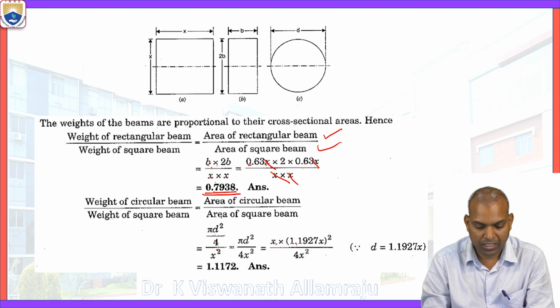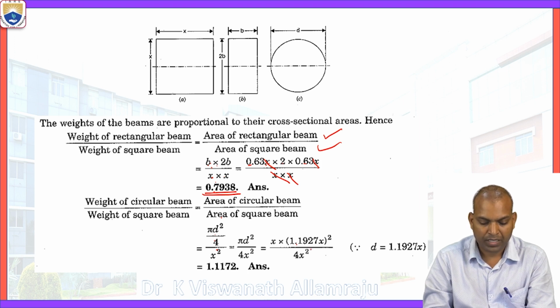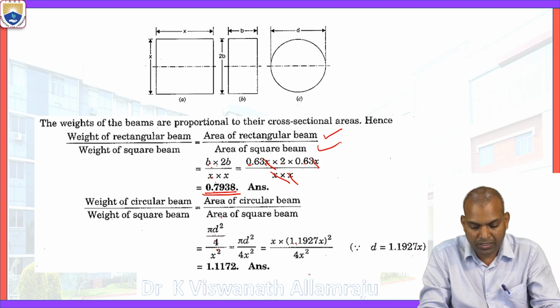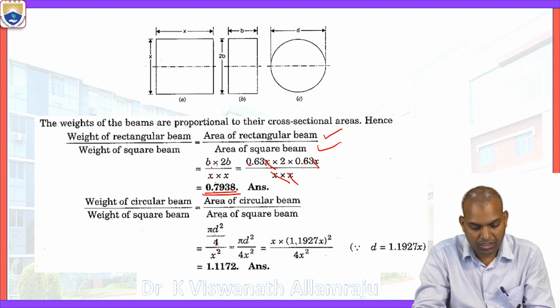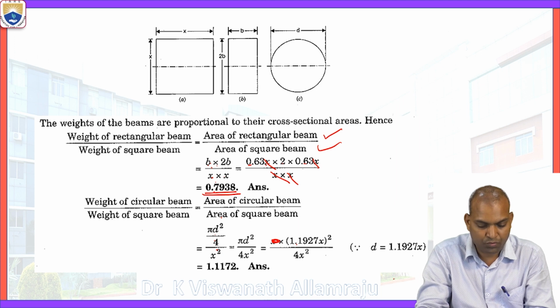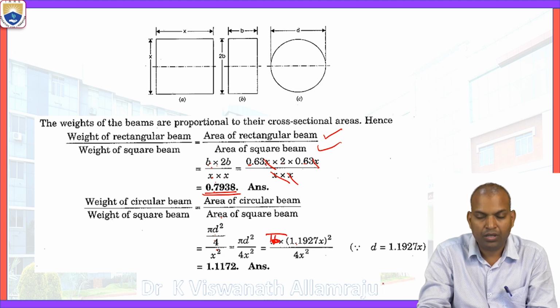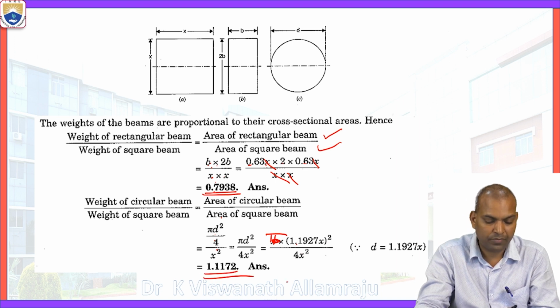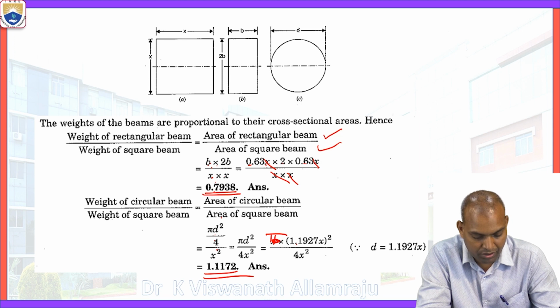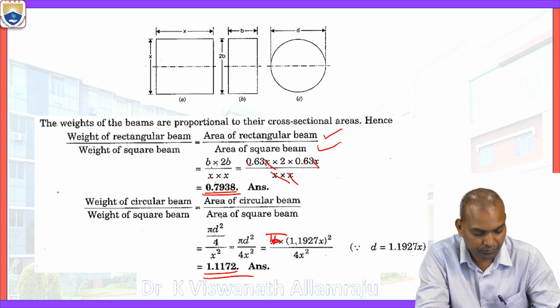Then make the calculation. Then what will happen here? It is x square and x square. So it is pi times 1.1927x whole square, then x square gets cancelled, and the numerical digit becomes 1.1172.